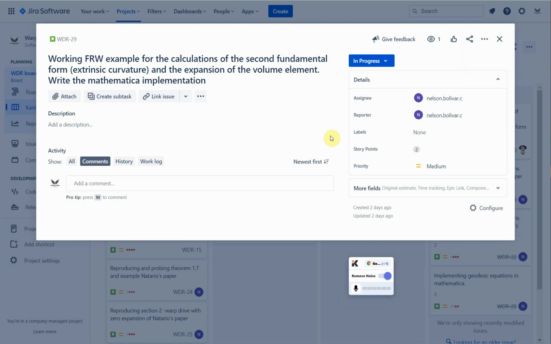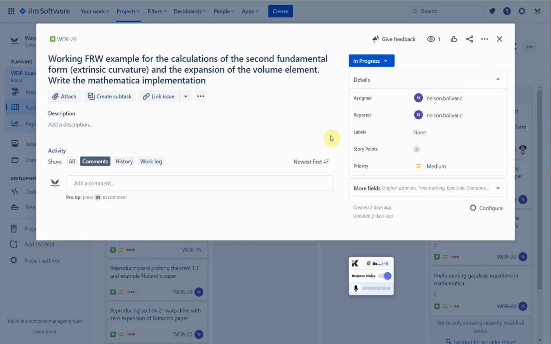So the expansion volume element appears here as fundamental. I started to review it, and I found that there are some issues when you work in the literature with this extrinsic curvature. There are two or three ways to define it, and I was not completely sure if each of them is the same or if they are independent ways.